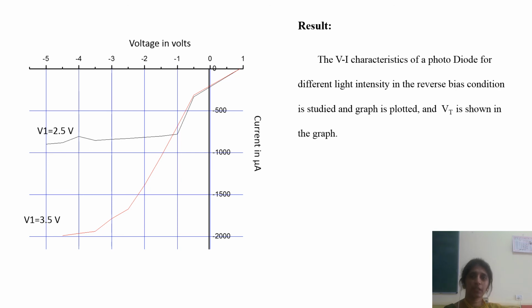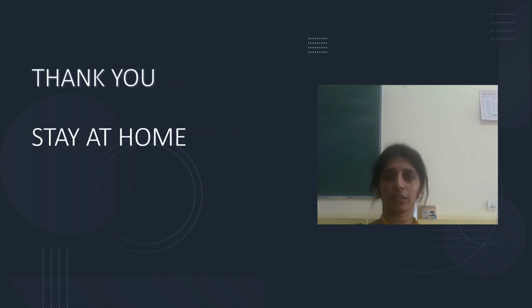The IV characteristic of the photodiode for different light intensity in the reverse bias condition is studied and the graph is plotted. And VT is 0.9, here I have shown it in the graph. Thank you all for the session.